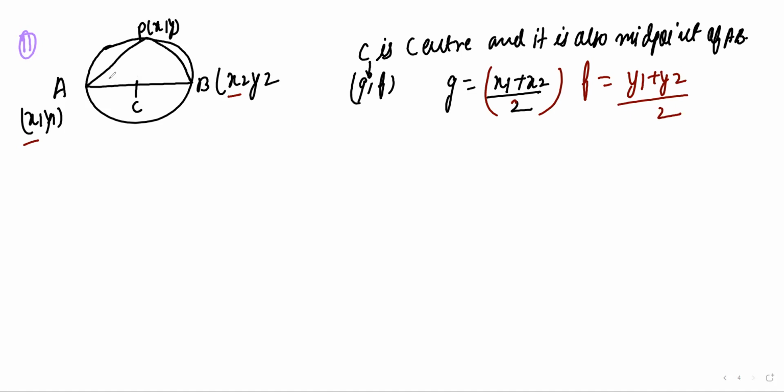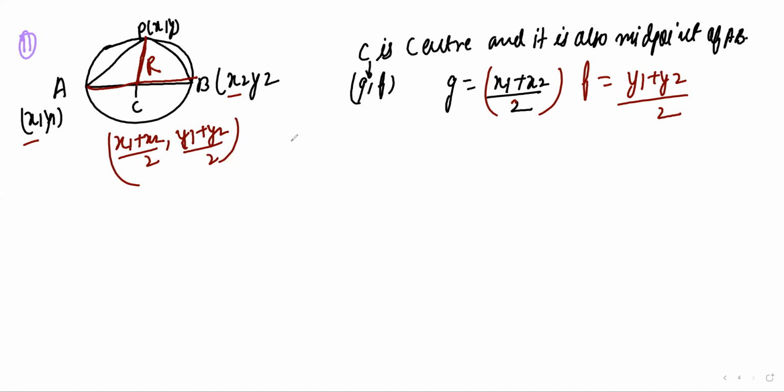Next, we can find the radius. This is the diameter, this is the radius you can derive, so this will be the radius from the center. So this coordinate we have got now: x1 plus x2 upon 2, comma y1 plus y2 upon 2.